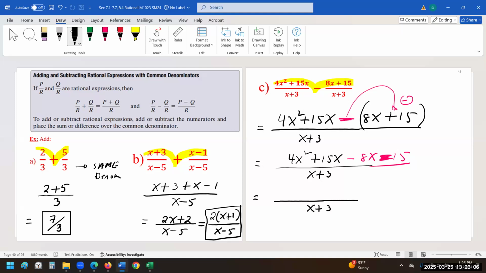Do we have any like terms to combine? 15x and 8x. That gives us how much? Positive or negative? 7. Positive 7x minus 15.